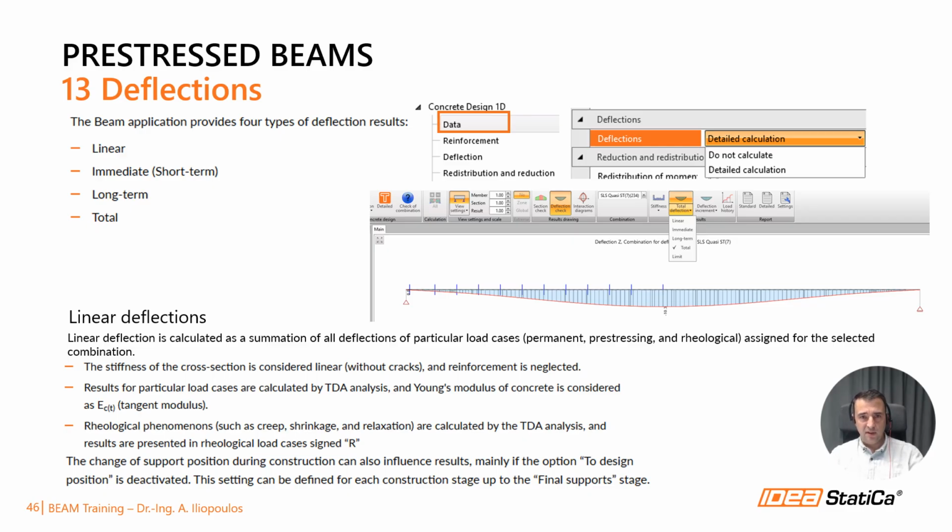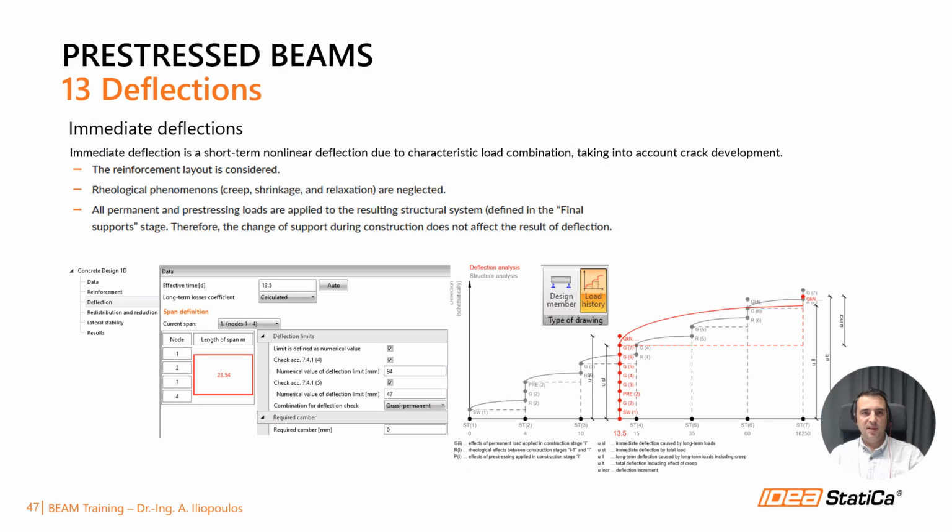In case of linear deflections, there are several differences compared to the other three. Mainly, it is that the linear stiffness without cracks is considered, and the change of support position during construction stages can also influence results in this case. The other three types of deflections are all nonlinear, taking into account the crack development in concrete.